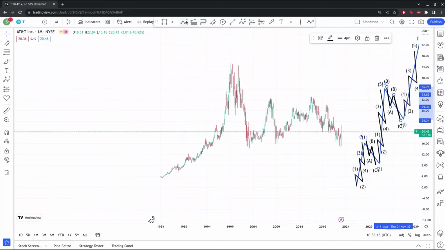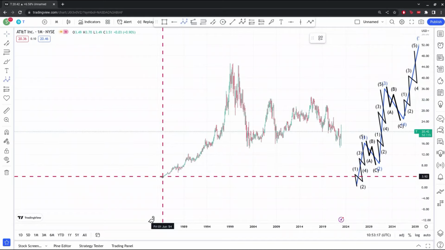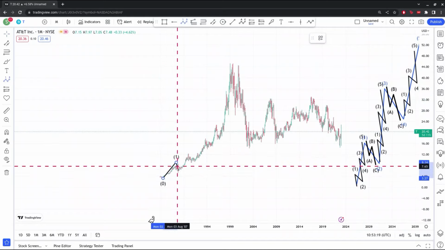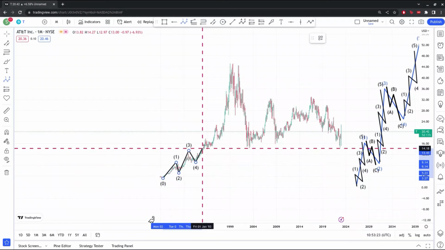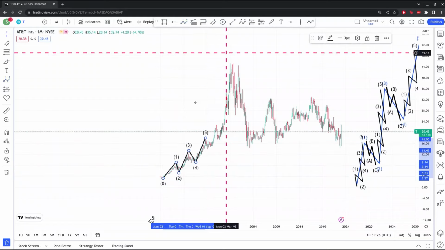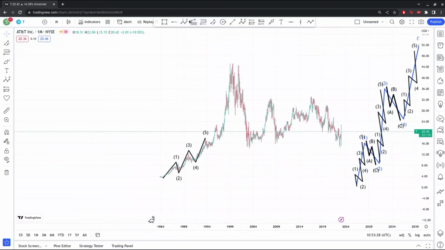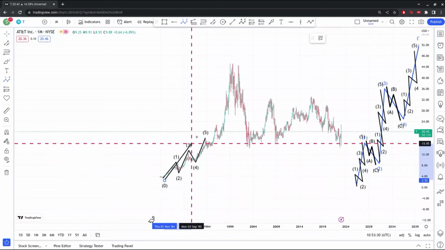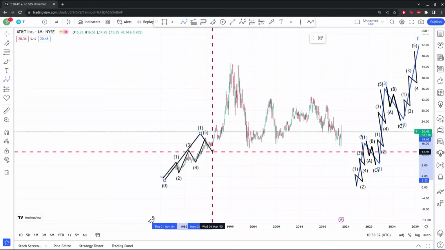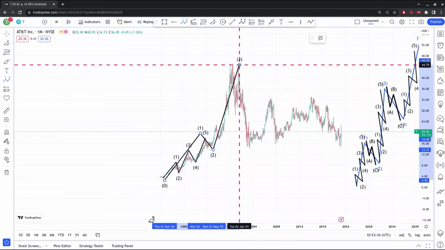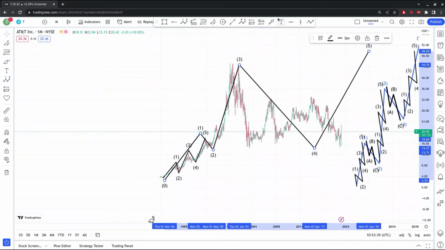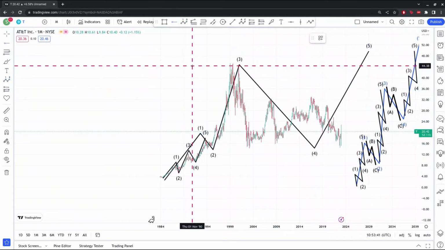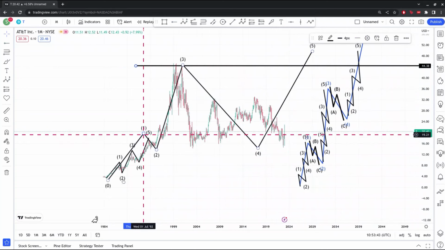So if I get my drawing tool, this is wave 1, wave 2, wave 3, wave 4, and this should be wave 5.